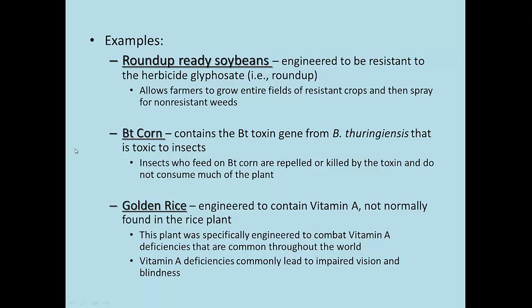So it was highly effective. So the way it worked is they took a gene that conferred resistance to a commonly used herbicide called glyphosate, more commonly known as Roundup.